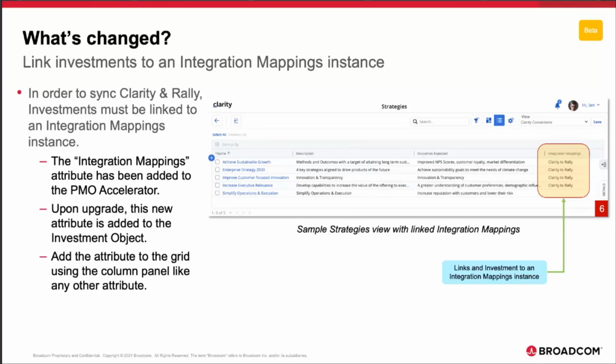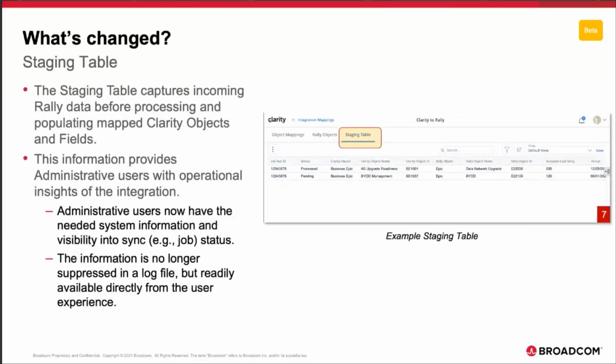So now we've gone through and done all the object and field mapping. We've told our system which investments, which strategies in this case, are going to be linked to Rally. So at this point, we go ahead and run the job. You run the sync job, and it's going to do its create or update.